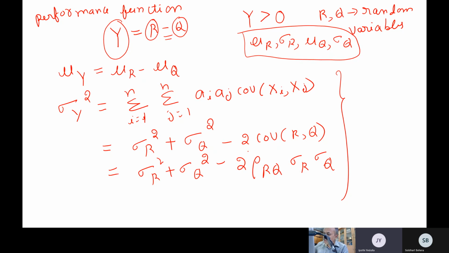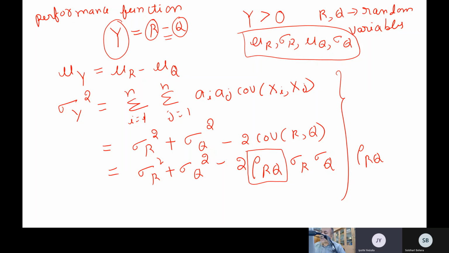So generally, in most of the problems, what do we try to assume? What will be the correlation between load and resistance? See, in most of the cases, whatever load is coming on your structures and your resistance, the resistance of a structure depends on some arbitrary random load coming.